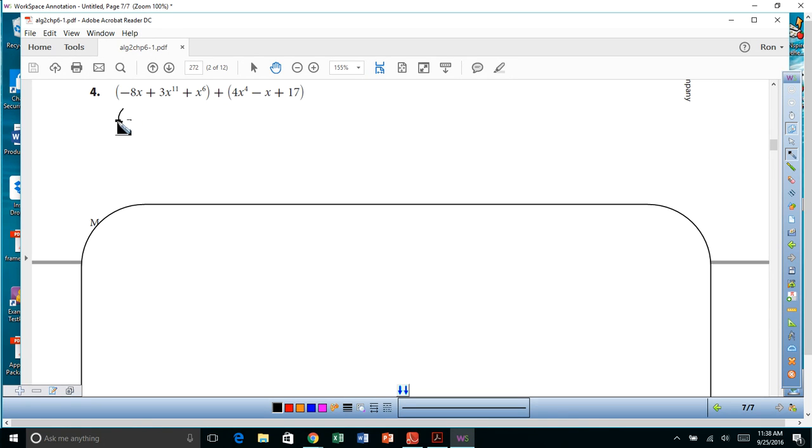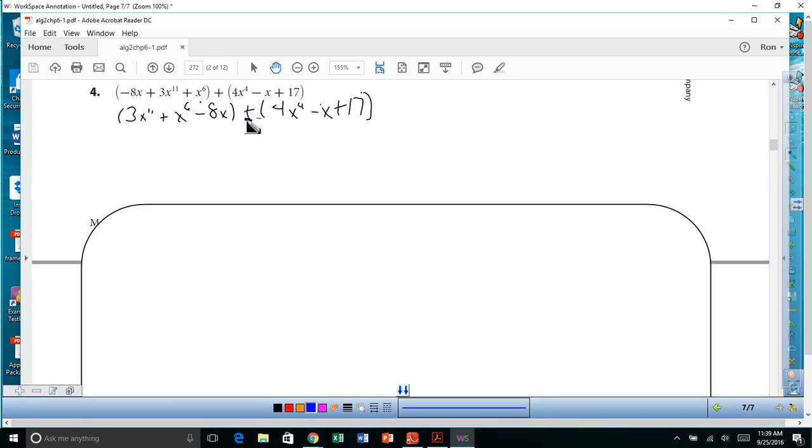So you've got 3x to the 11th plus x to the 6th, and then minus 8x. And then we have 4x to the 4th minus x plus 17. Step 2, combine like terms.